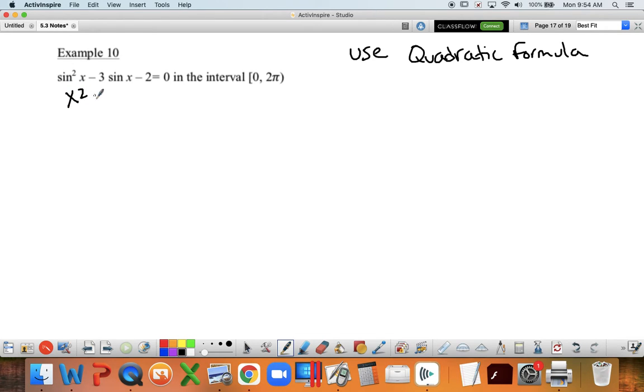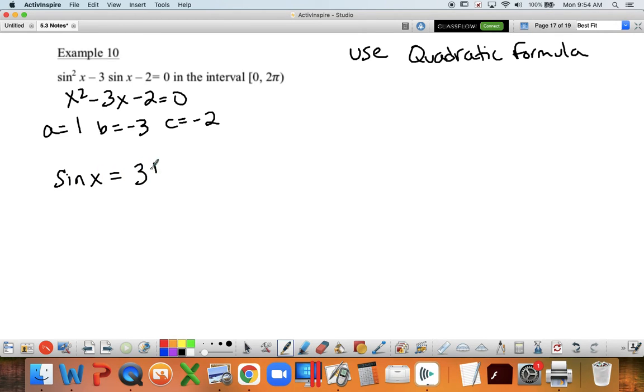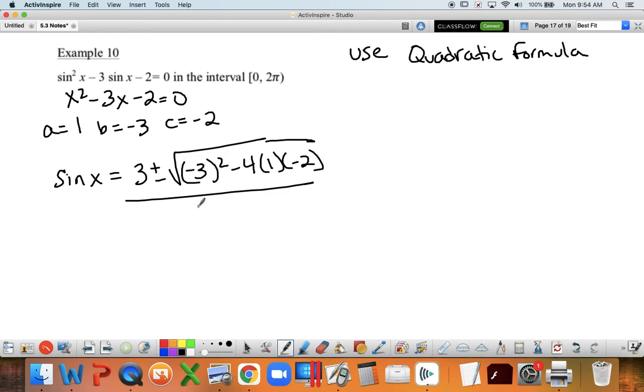So if you want to think about it, it's x squared minus 3x minus 2. So my a value is equal to 1, my b value is negative 3, and my c value is negative 2. So sine of x equals opposite b plus or minus the square root of b squared minus 4ac all over 2a.